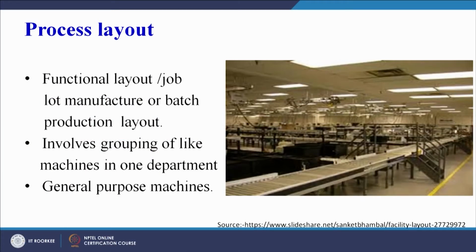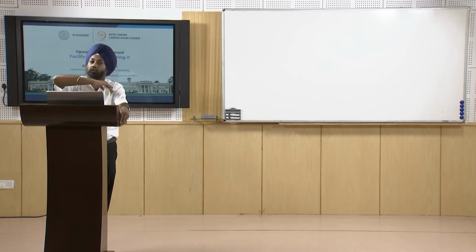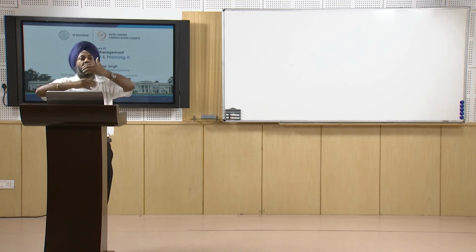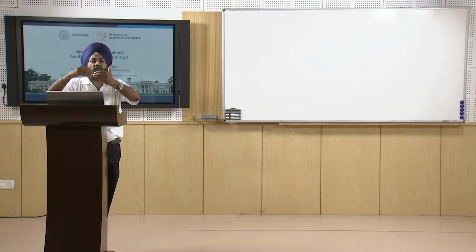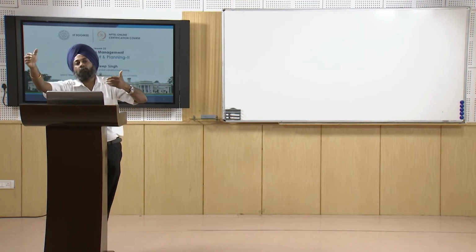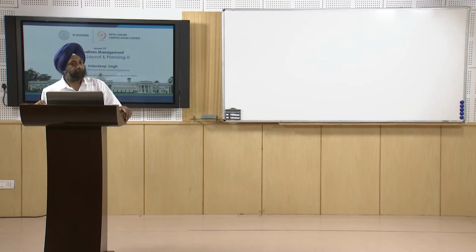So let us start our discussion with the process type of layout. Before we understand the process type of layout, I must ask what the limitations of a product type or line type of layout are. The advantages all of us know: because there is a particular sequence, not much planning is required. You know that the raw material will come from one end, it will be processed in a sequence of operations one after the other, and the final product will come out from the other side.